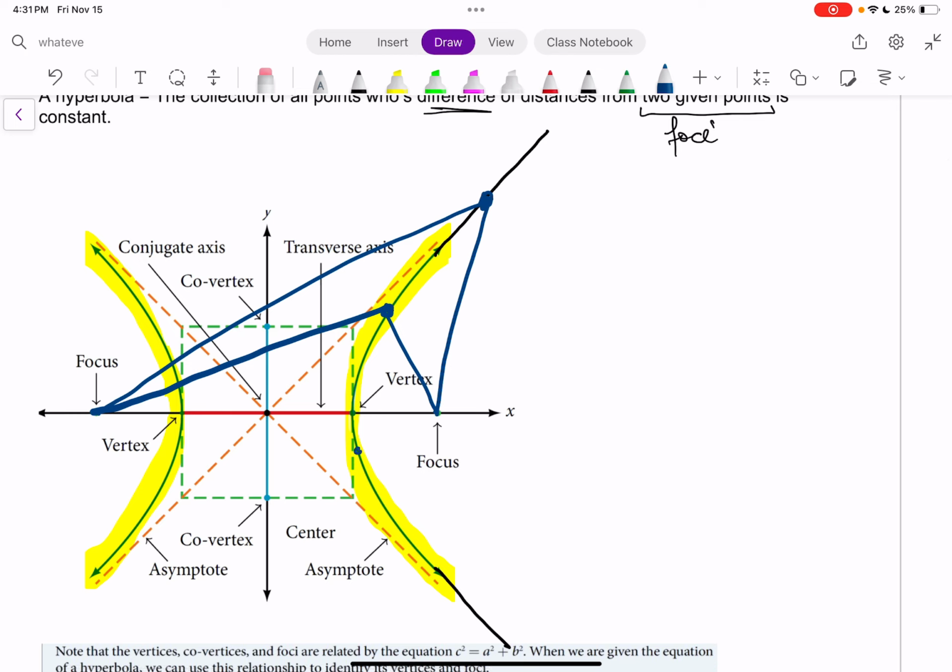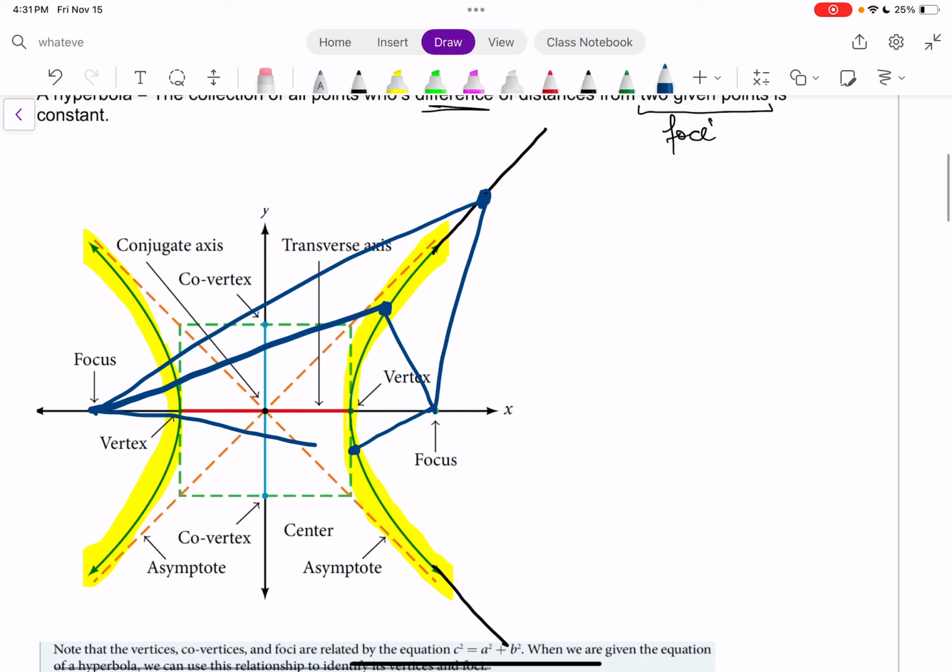So from any point on the hyperbola, if I measure the distances to the two foci and subtract those two numbers, I will keep getting the same answer.